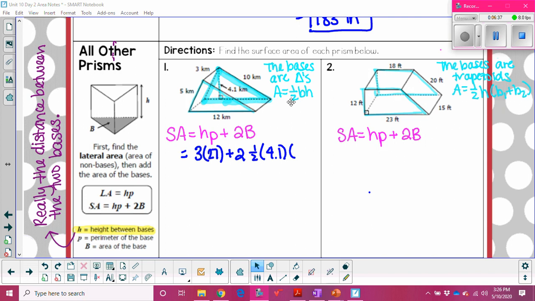I could have switched that around because that's not how we normally write it. So your base is 12 and your height is 4.1. Plug that into your calculator and you get 130.2 square kilometers.